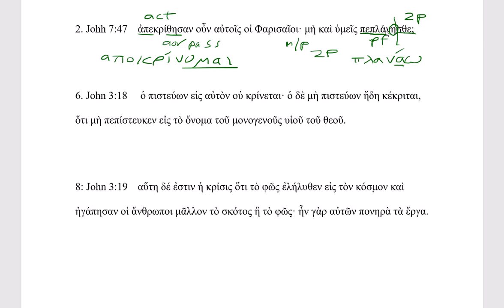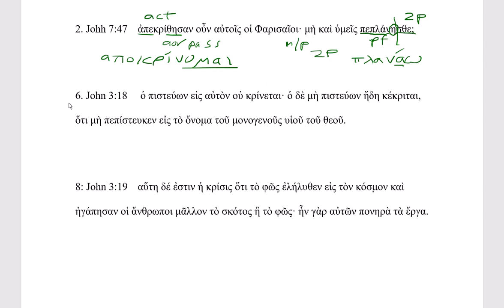That'd be sort of the way that we put it into English, because we would translate that, have you also been deceived? But the ouk is sort of giving us a little bit of a "not you too" sense. So is it not the case that you have been deceived? The main thing to note here is this passive perfect verb. It is middle passive form, but we will translate it as passive. You have been deceived.